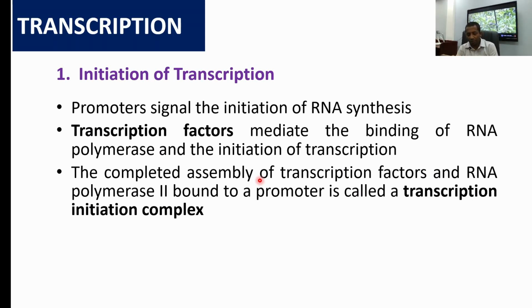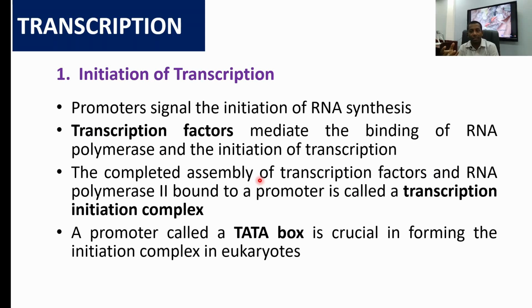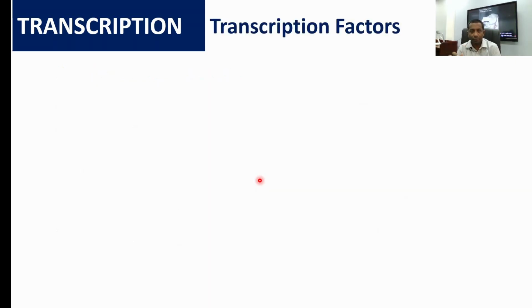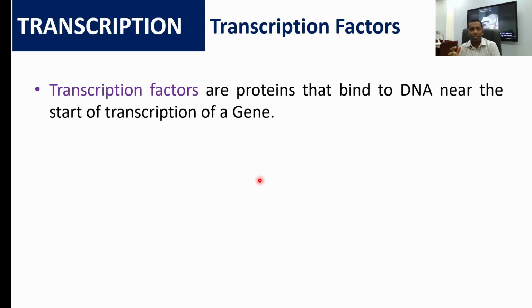RNA polymerase II is the enzyme involved in this process, bound to a promoter called the transcription complex. So the binding of polymerase II to the promoter, called the transcription complex, is important. And there's another promoter region called the TATA box, as I mentioned in the previous slide, which is crucial for the formation of the initiation complex in eukaryotes. So what are these transcription factors?